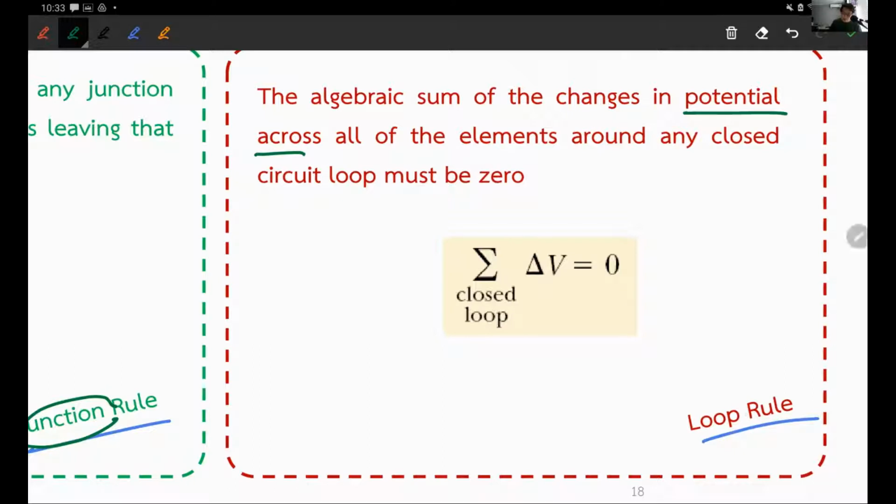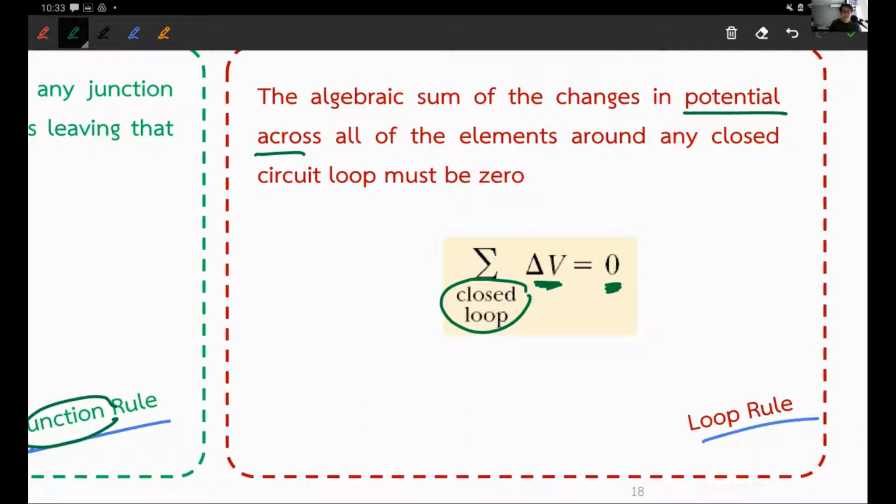That's the reason why, if you loop back to the original position, no matter what you have experienced along the way, you sum those up. The potential difference across the whole path that you have gone through must sum up to zero. Make sense? Because you arrive back at the original position, there's no change.